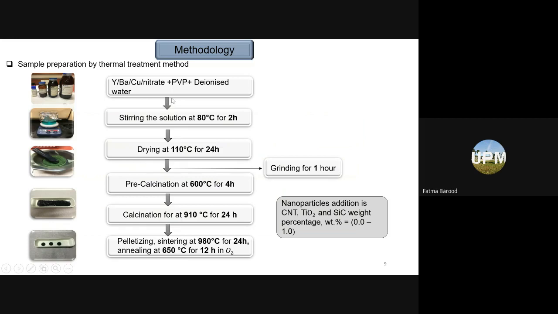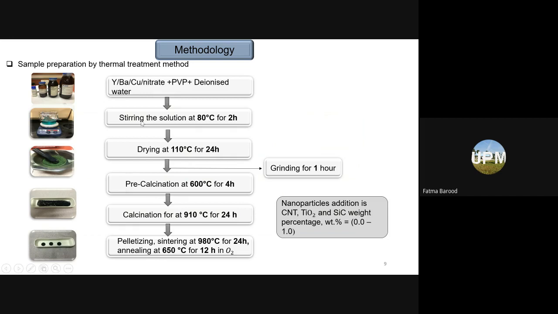So, the samples were prepared by the thermal treatment method. The starting materials were weighed according to their ratio to form the YBCO 1, 2, 3 phase. Then 6 grams of BVB was added to 300 milliliters of deionized water.